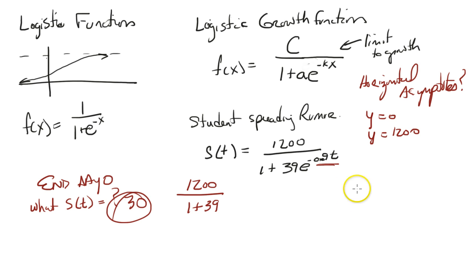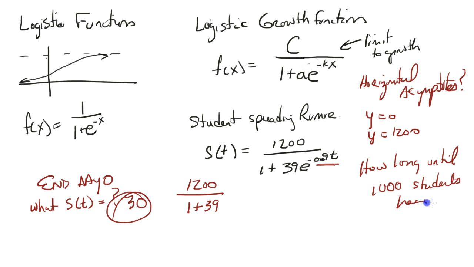How long until 1,000 students hear the rumor? So I'm just going to graph 1,000 and use calc intersect.